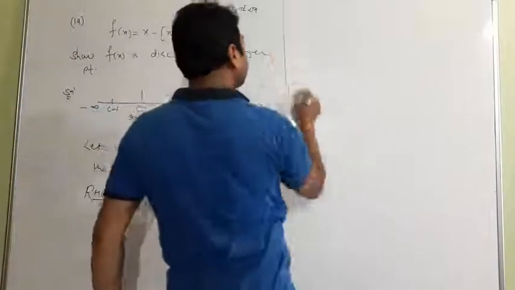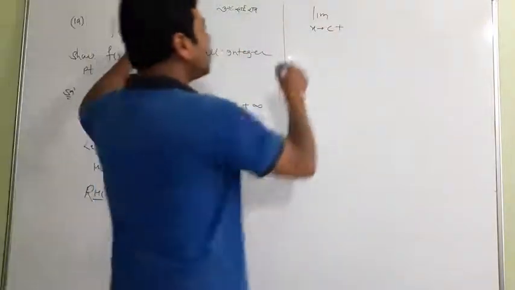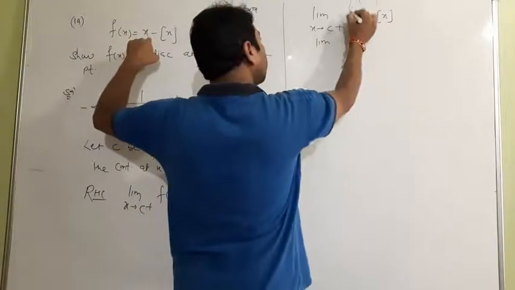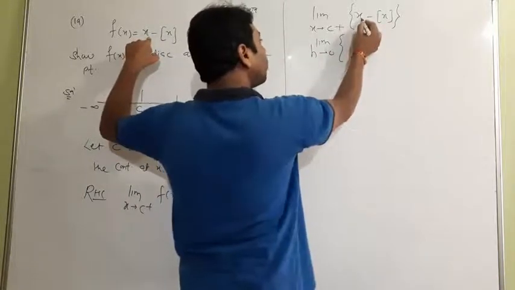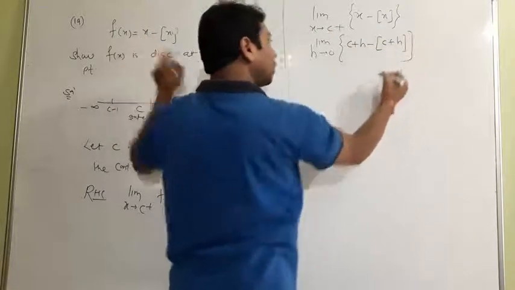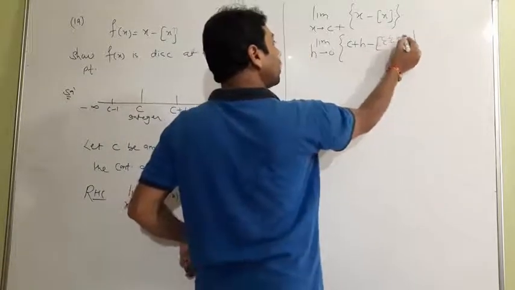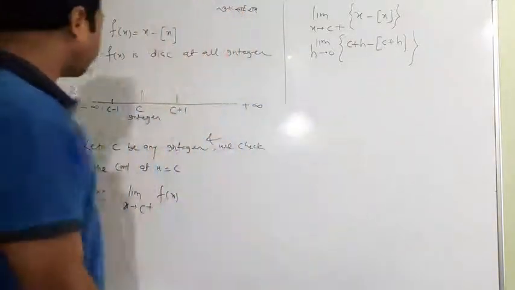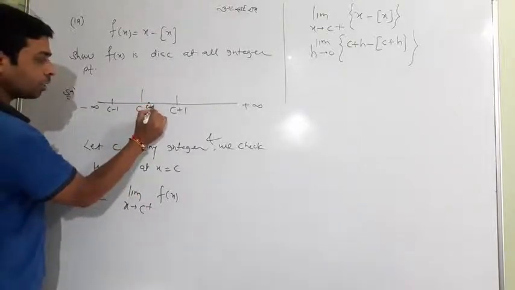What is the function? The limit as x tends to C plus of x minus the greatest integer of x. Now change to h: instead of x will come C plus h. Hope all are getting this. This is the symbol of a simple bracket, but this is not an ordinary bracket, it is the greatest integer function. Now what is the meaning of C plus h? Look properly. C is here, and C plus h is just ahead.